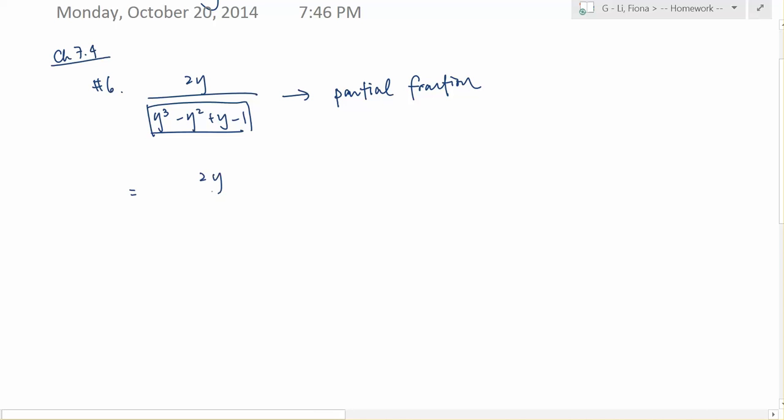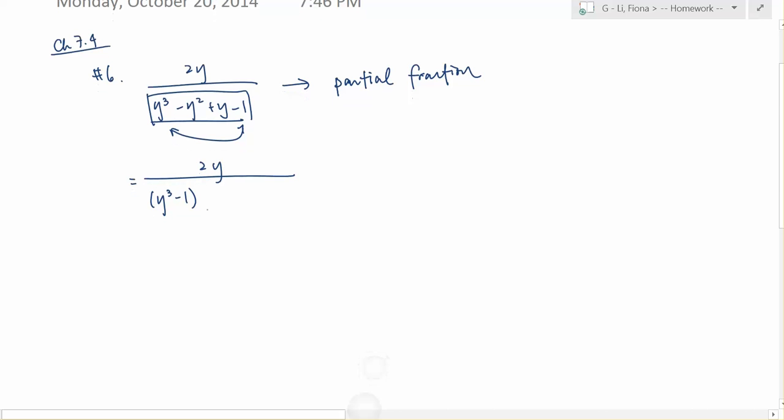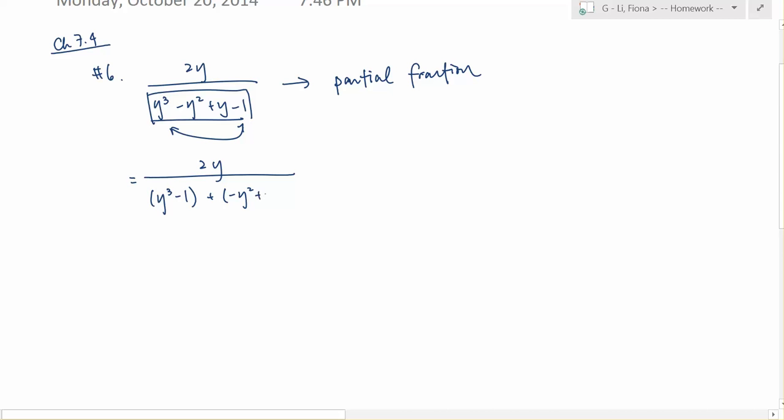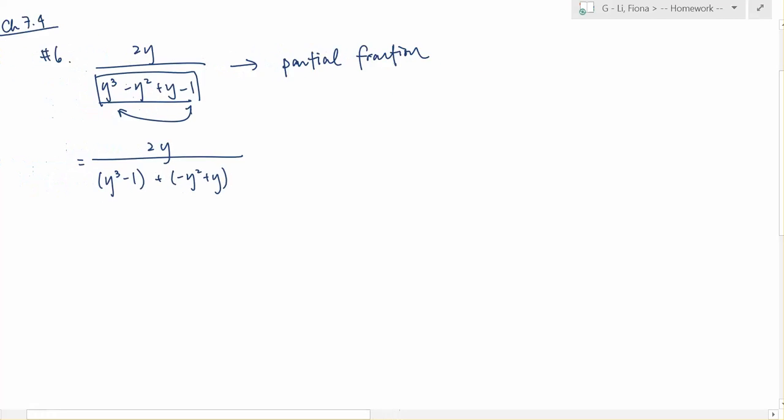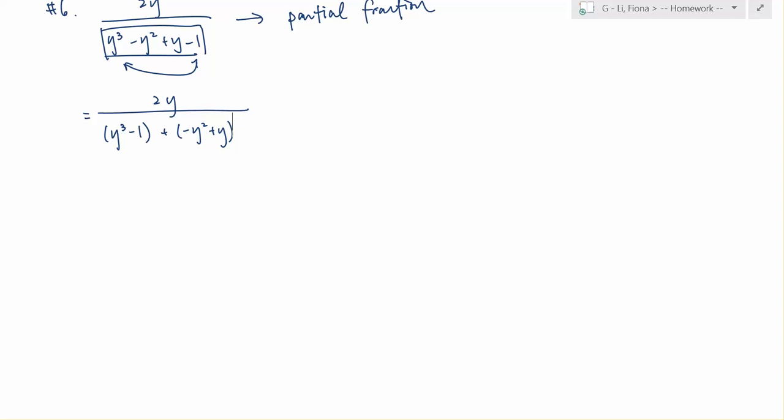And so let's copy the numerator, so it's 2y over, and let's group these terms together. And so I have picked the y cubed and the negative 1 to be a group, and then plus y plus negative y squared plus y as the other group. And so let's factor out whatever we can.